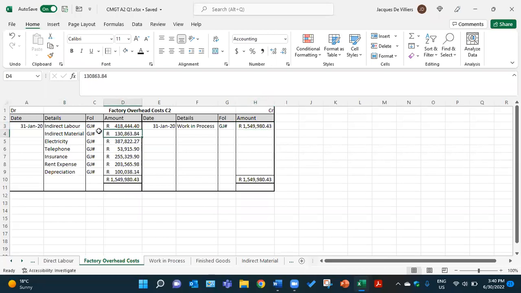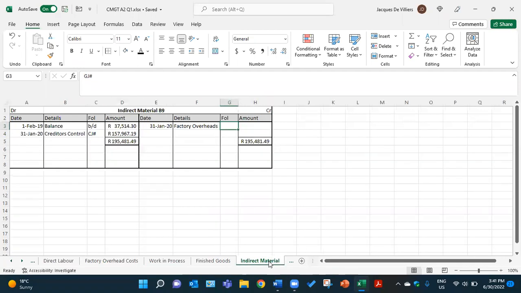That was the indirect material that was issued to the factory. So now when we are in indirect material, we are simply going to complete the corresponding entry that will say factory overhead on the credit side. Okay, in the general journal, and that is the amount. And then, of course, if we have entries on the debit and on the credit side, and it's clearly more on the debit side, we have to balance it here on the credit side.